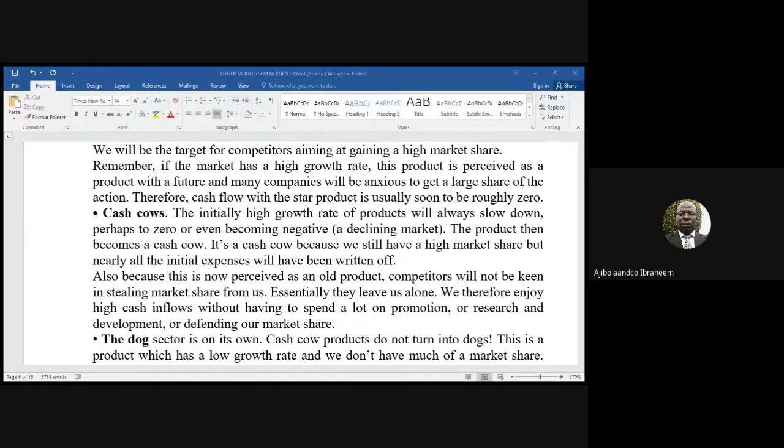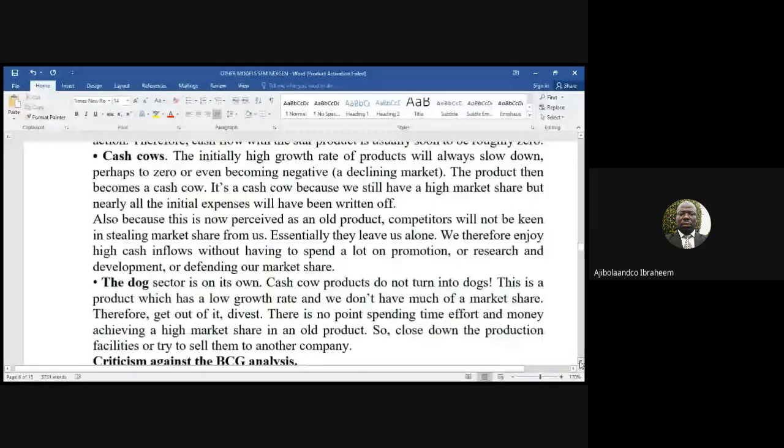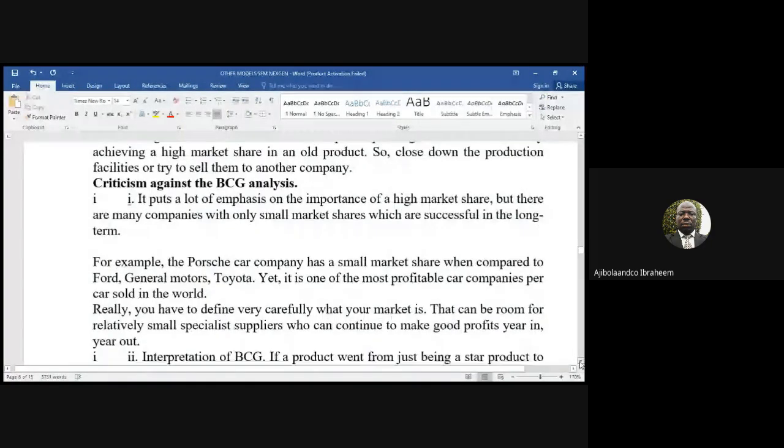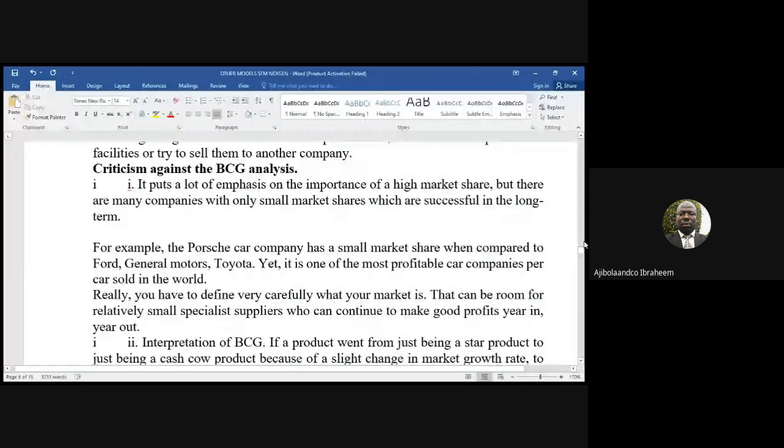Now, let's round it up with the word portfolio management. Don't forget that I said another name for BCG matrix or BCG analysis is portfolio management analysis. I mentioned in the beginning that this matrix model is better for entities that have more than one product or more than one product line in their portfolio.